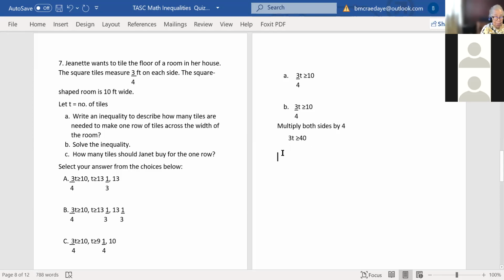Okay. Then what did you do? You divide now because you have to find the t. Divide both sides by 3, because you're solving for t, right?